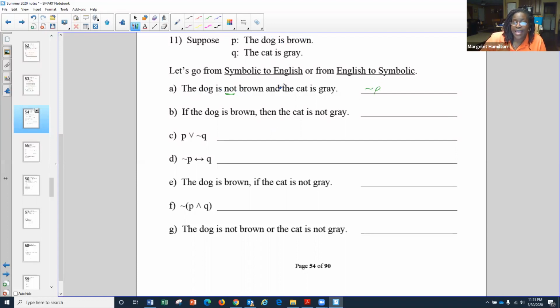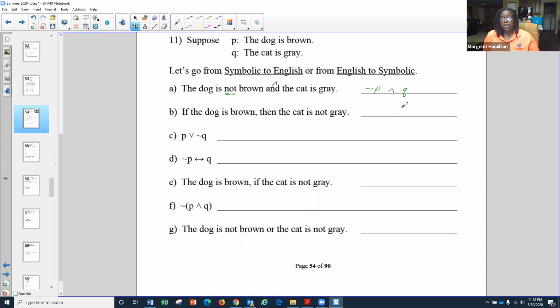Then it says and, we know and is, okay. And then the cat is gray is Q. So the dog is not brown and the cat is gray transitions into negation P and Q. Everybody see what we're doing?